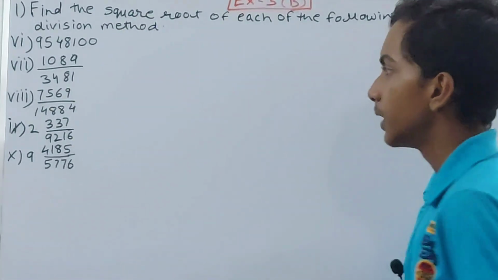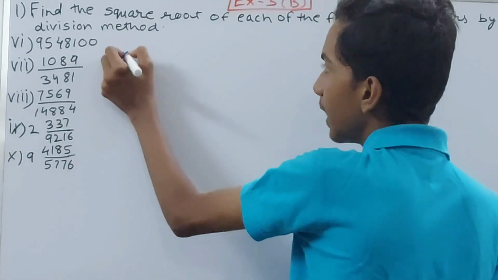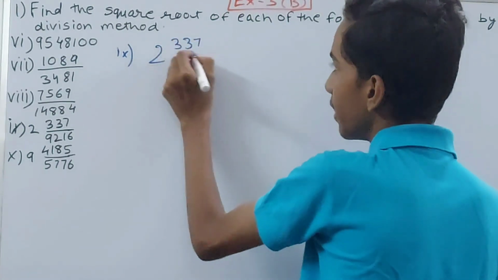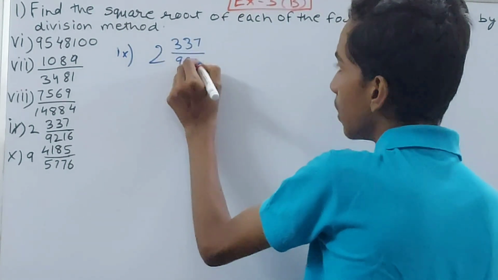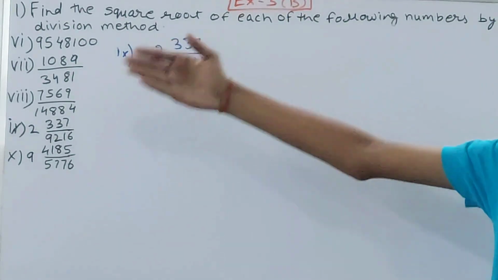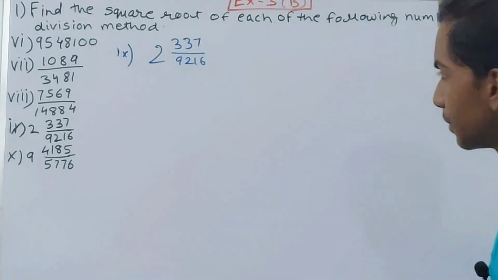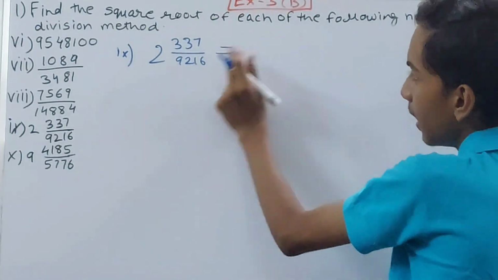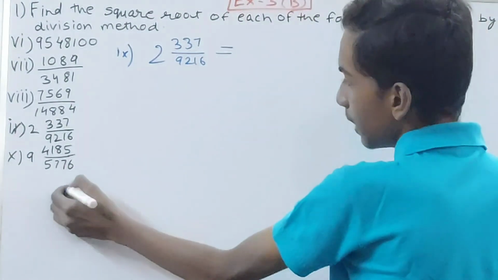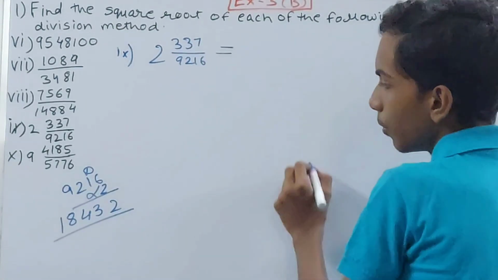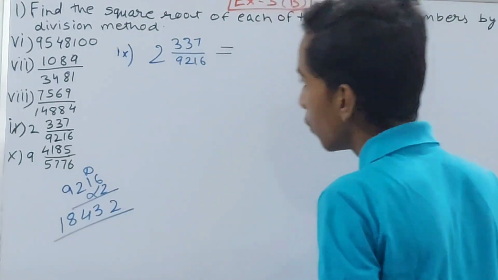Now see, the next one will be the 9th part, and this is 2 whole 337 upon 9,216. This again we will make into an improper fraction, right? So see, this becomes 6 into 2, 12, and let's just do it here. 9,216, 18,432.